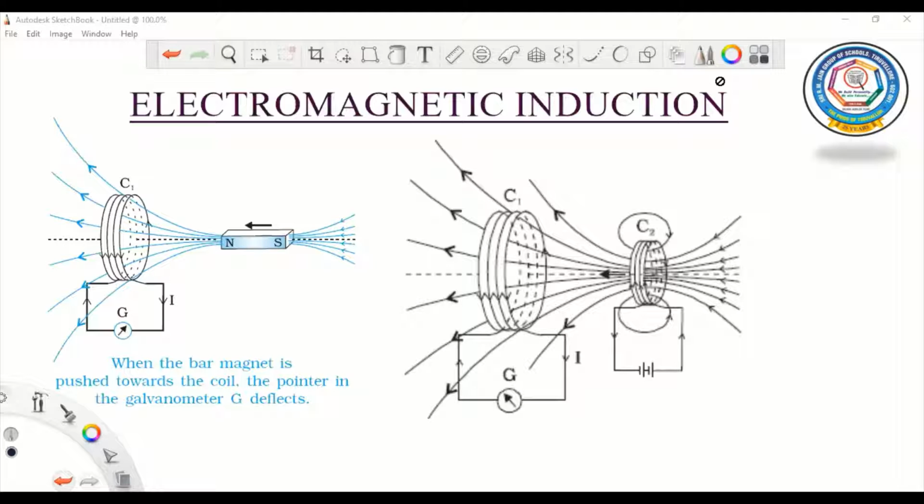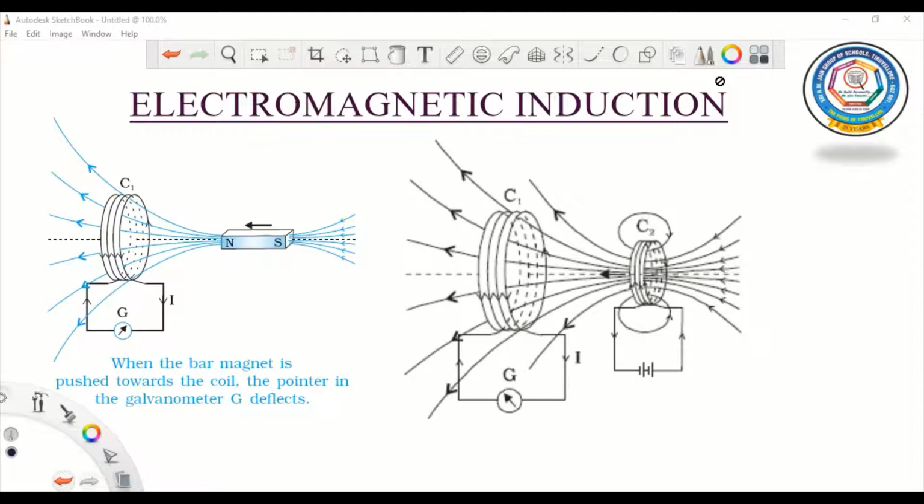Now let's see, is it possible to produce an electric current with the help of a magnetic field? Many experiments were conducted by Michael Faraday and Joseph Henry independently. These attempts became successful and led to the discovery of the phenomenon called electromagnetic induction.